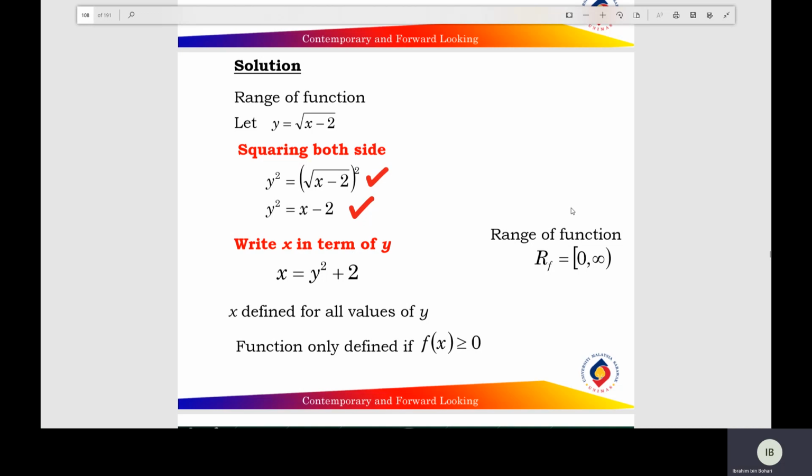And you write down x in terms of y. x equals y squared plus 2. Okay, and x is defined for all values of y. Okay, so here you check this function, x equals y squared plus 2.